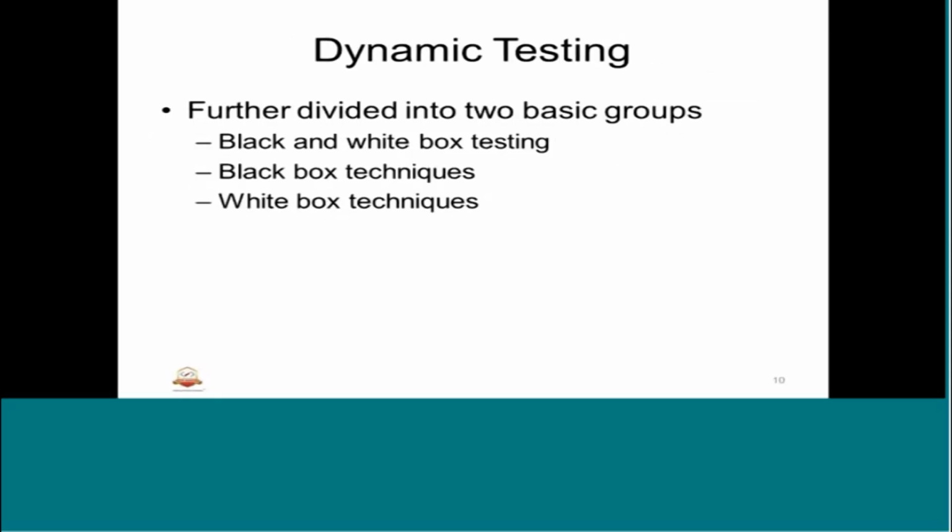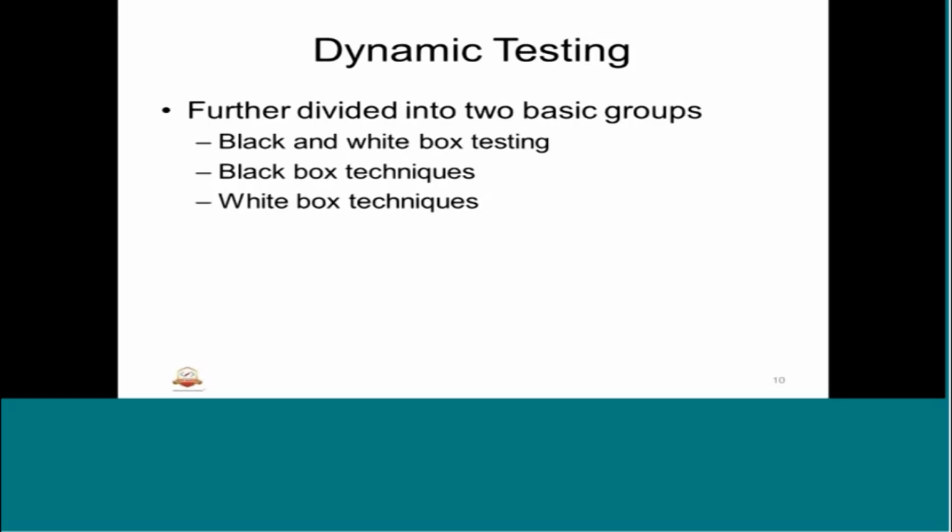Also, we know that the different techniques are all based on two basic groups: black box testing and white box testing, with black box testing techniques and white box testing techniques.